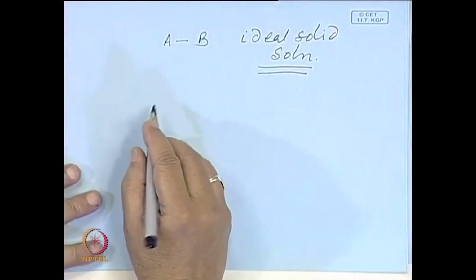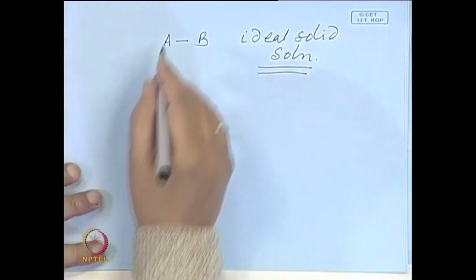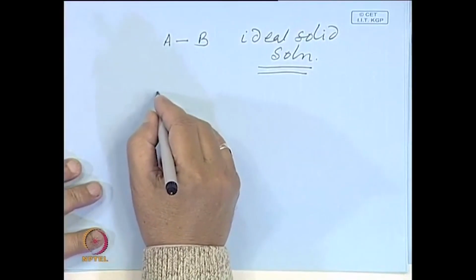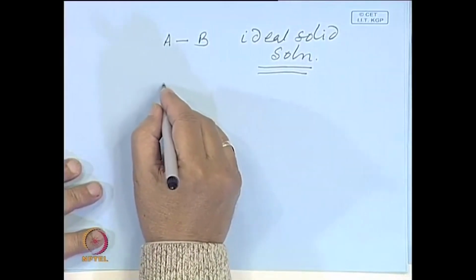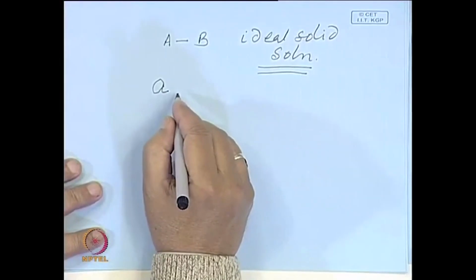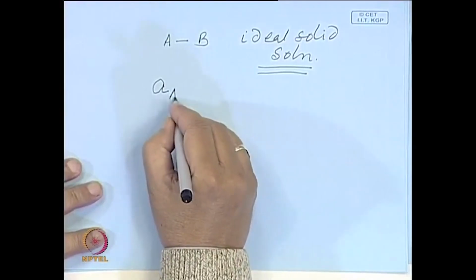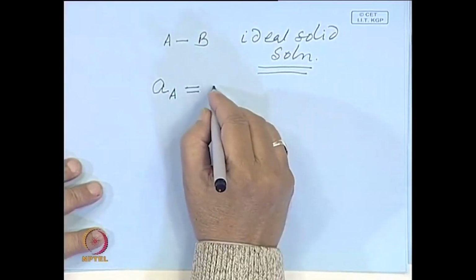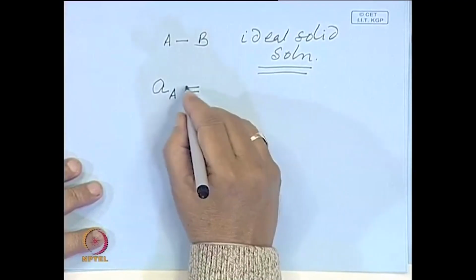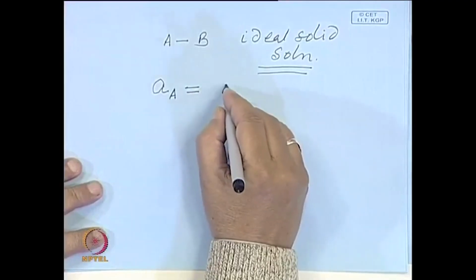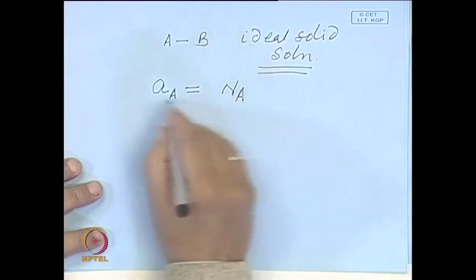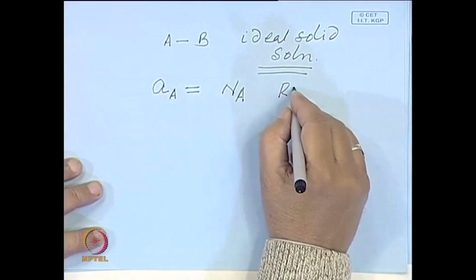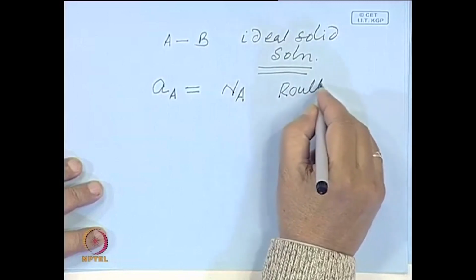Now, in an ideal solid solution, in thermodynamics we define a term called activity, activity A, which means the effective concentration of A at a particular point, and we assume that this is equal to the atom fraction A. So that means it follows a law called Raoult's law.